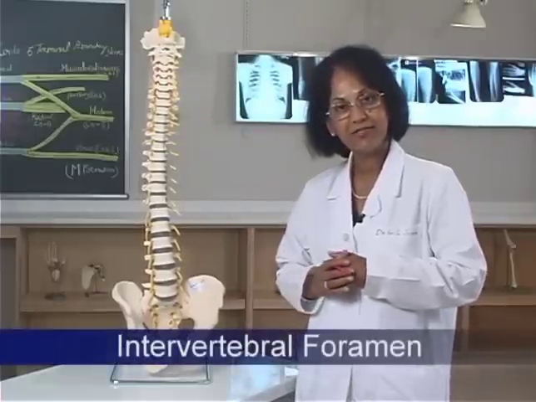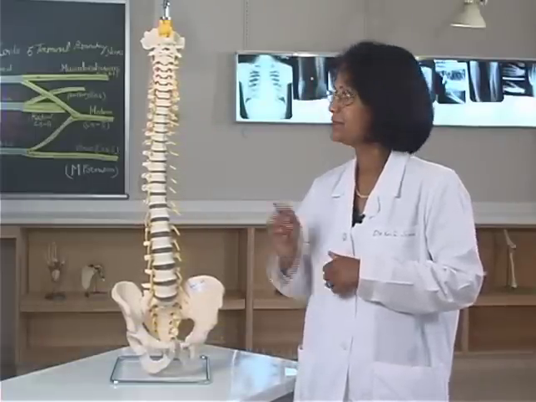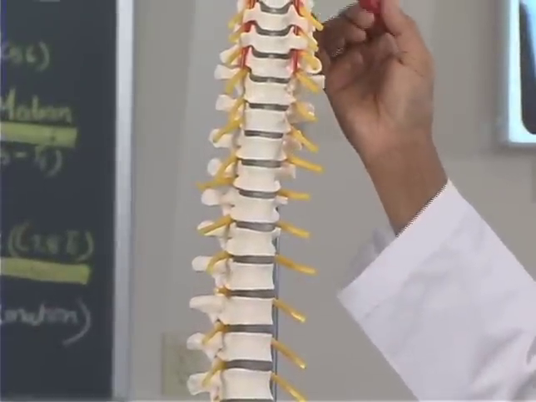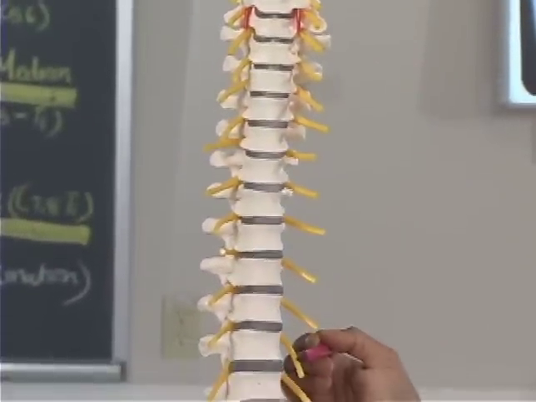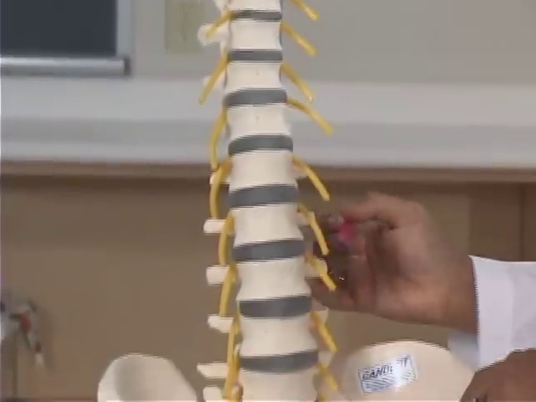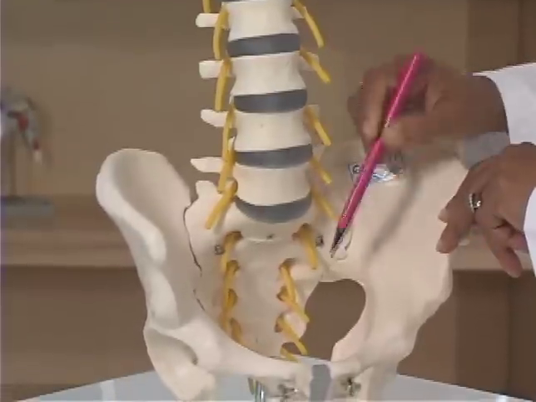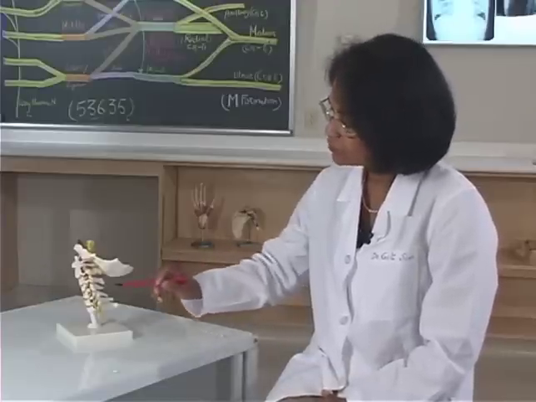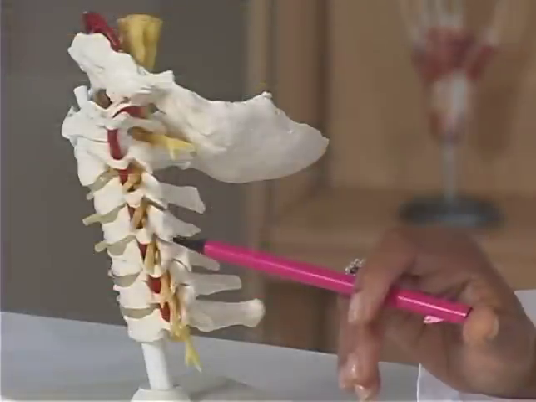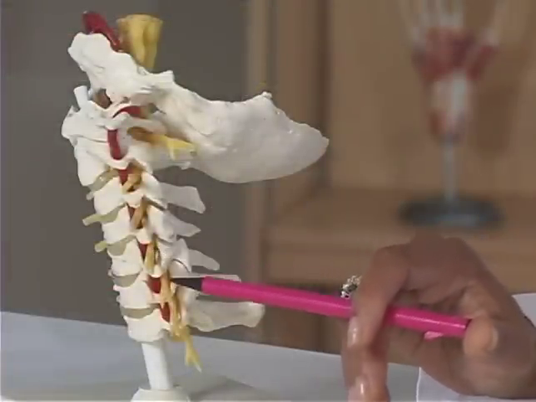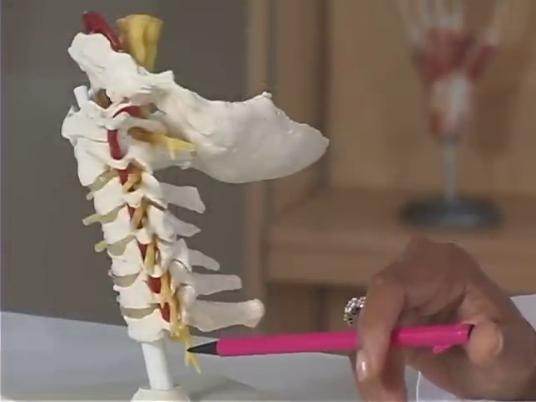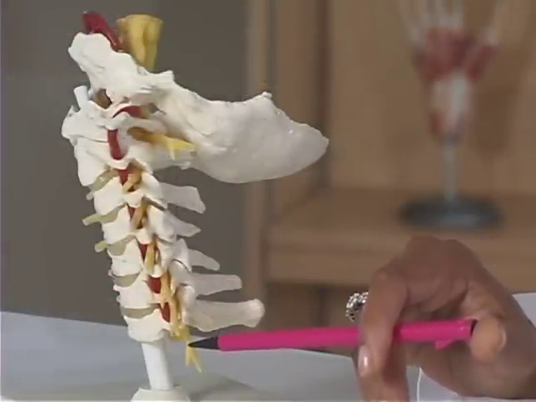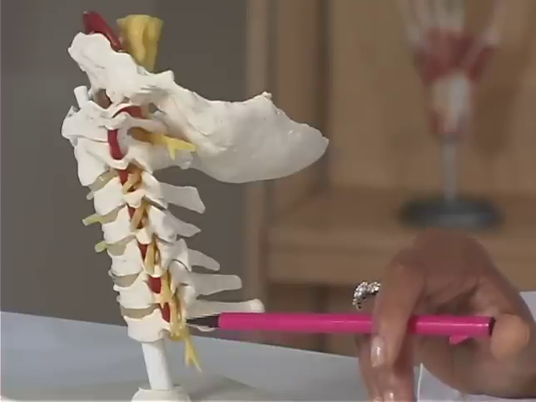There are 31 pairs of spinal nerves: 8 cervical, 12 thoracic, 5 lumbar, 5 sacral and 1 coccygeal. The spinal nerves from C5 to T1 come and join together in the area of C5, 6, 7, 8 and T1 to form the brachial plexus.